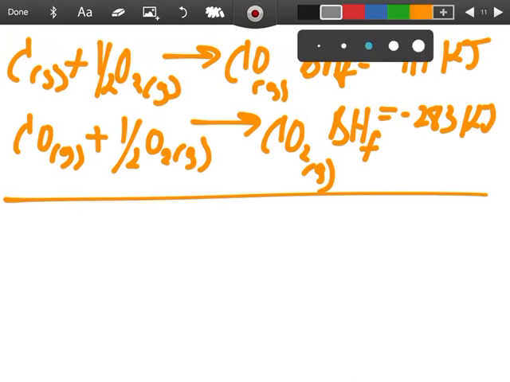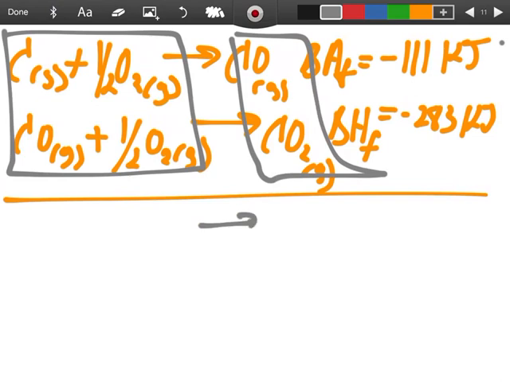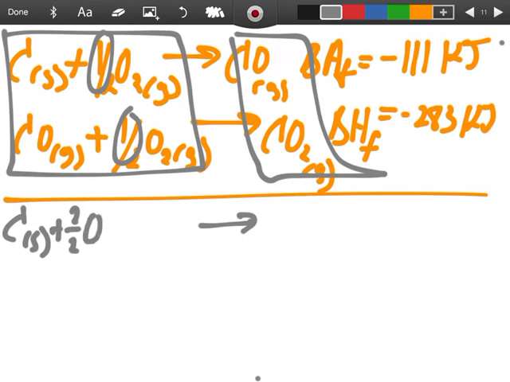Very well. So what I literally am going to do is add everything here. Let's change color to gray. I need to add everything that is on the left of the arrows and everything that is on the right of the arrows. So I have my arrow, and I'm going to add everything. I have C, a solid, plus 1/2 and 1/2, 2/2 of oxygen, a gas, plus CO, a gas.